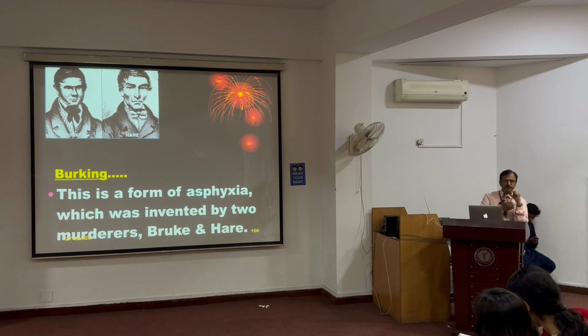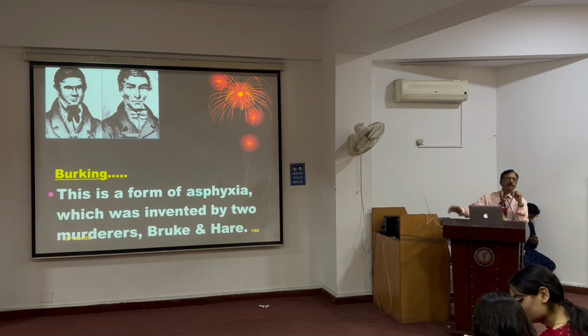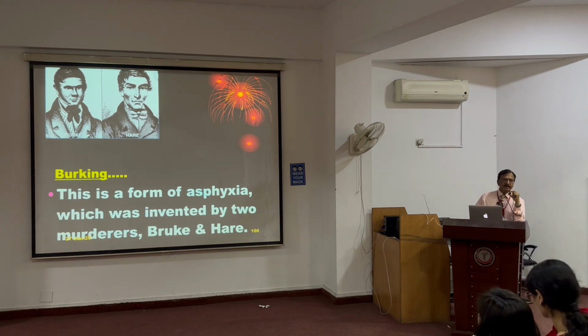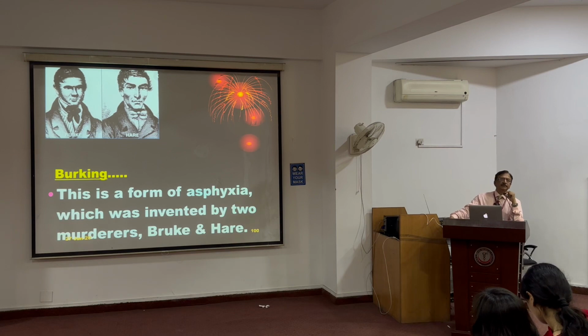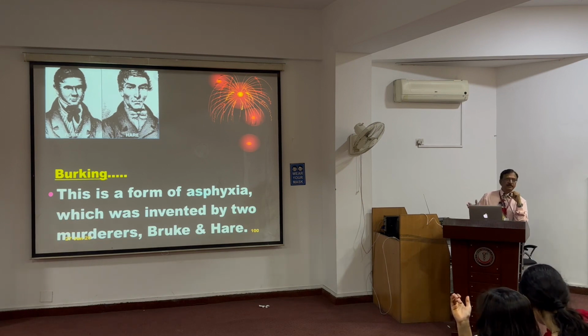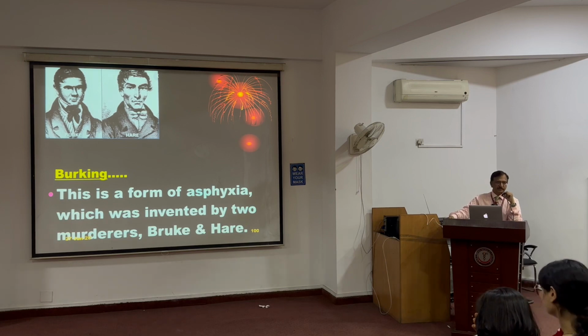One person used to sit on the chest and cover the nose and the mouth; by sitting on the chest the victim is unable to move, and secondly, by covering the nose and mouth, smothering. With this, they used to drag the person like a wheelbarrow, just to disguise that some road traffic accident or any other injury has occurred.